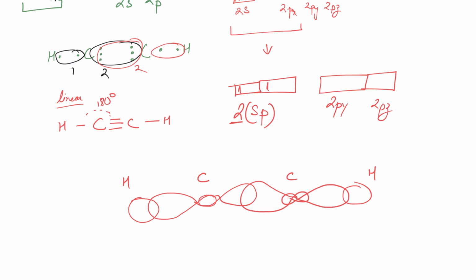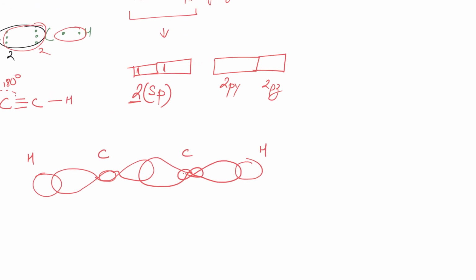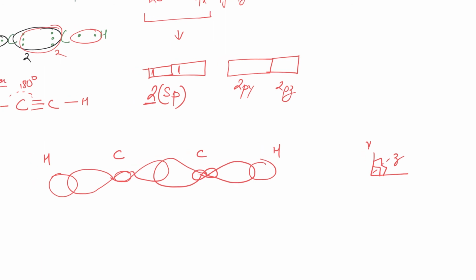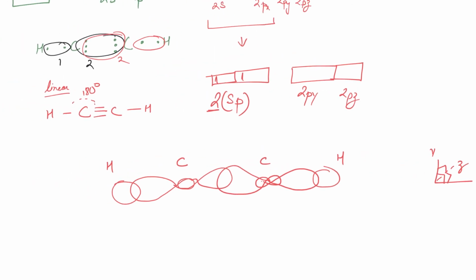Remember, this is the x direction. Now just to make things very clear, remember x, y, z are 90 degrees to each other. So now let's try to place these things.